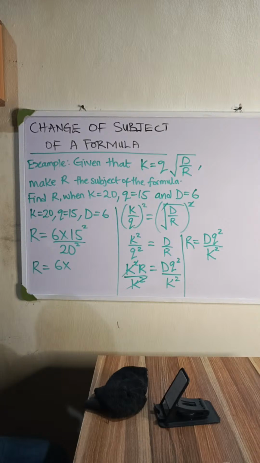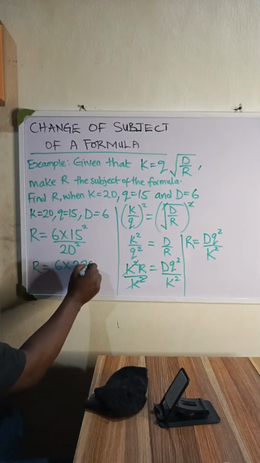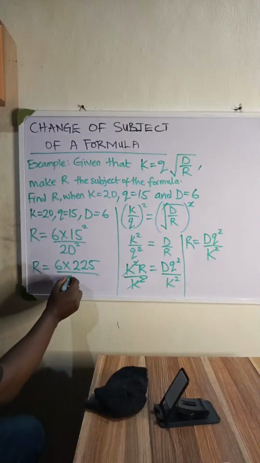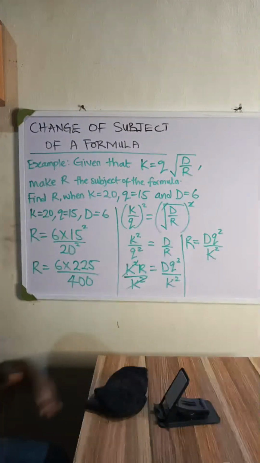Okay, 15 squared is 225. So we have 225 all over 20 squared, which is 400. 20 squared is 400. So this gives us 6 times 225 divided by 400.